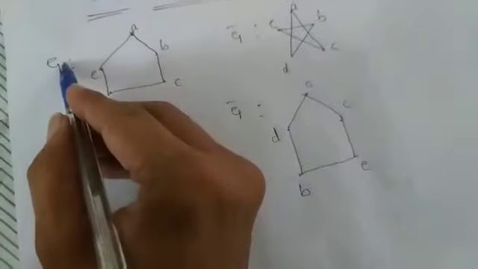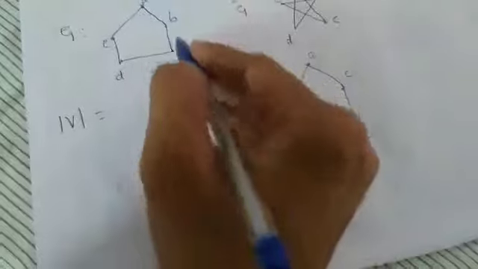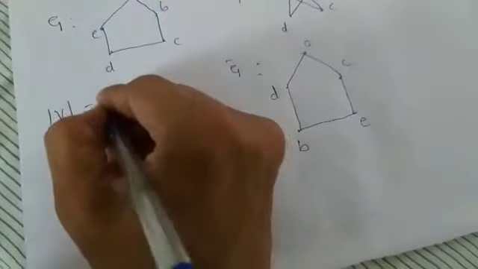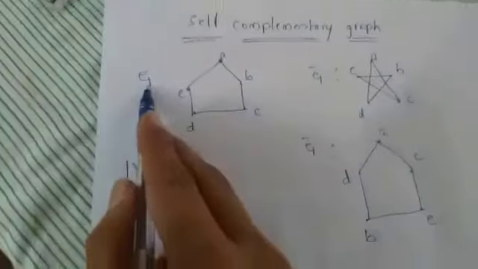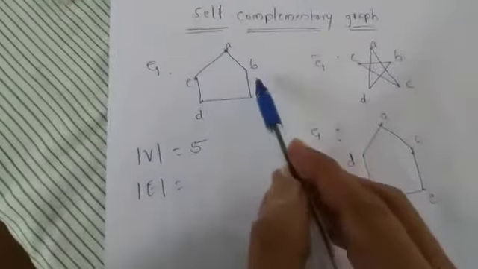For this graph G, the number of vertices is 1, 2, 3, 4, 5. For the same graph G, the number of edges 1, 2, 3, 4, 5 is also 5.